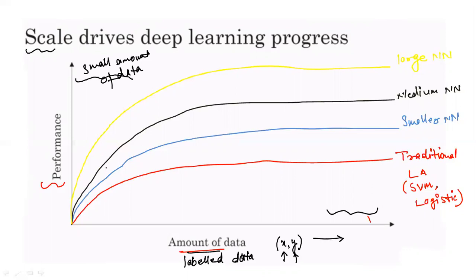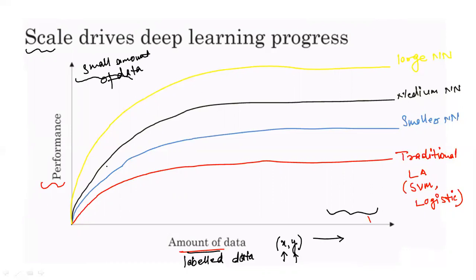Suppose that someone has a very good hand at applying traditional learning algorithms like support vector machines, which can also take an infinite number of features. So someone who is good at applying support vector machines rather than large neural networks may find that the performance of the support vector machine is much better than using large or medium neural networks.